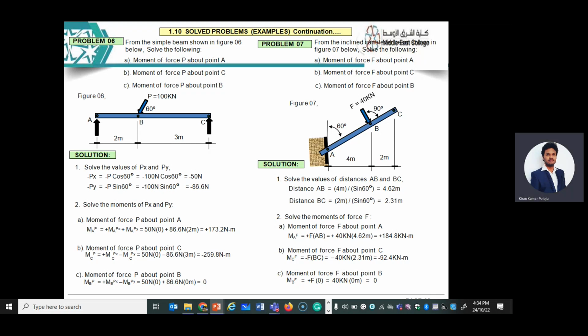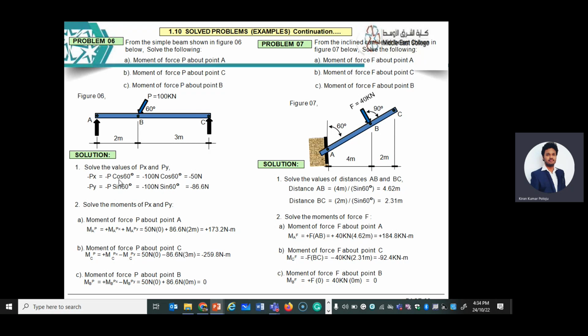Wherever the point starts, the formula is the same. Load into distance. Remember this. It is easy for you to understand. Load into distance. Now, to determine the moment, we have to solve Px and Py.